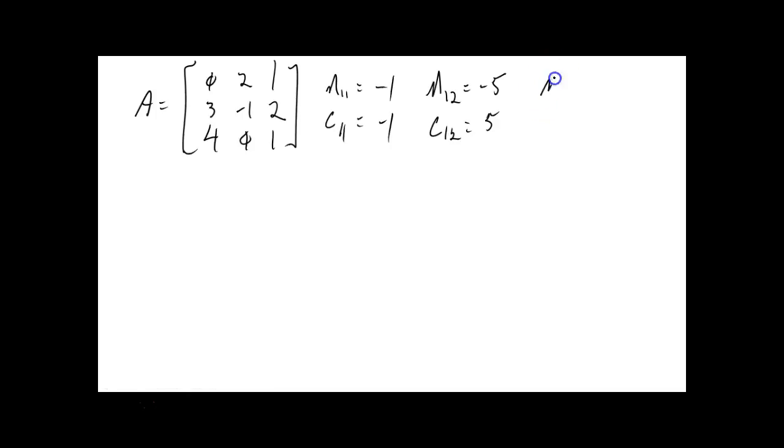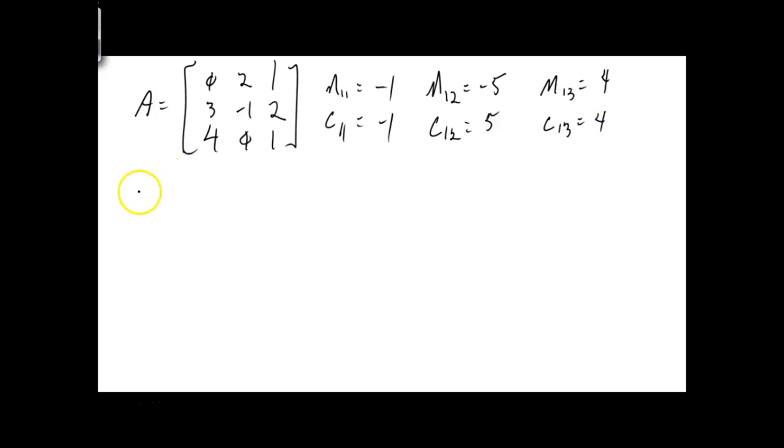1, 3. Minor for 1, 3 is what? Is it -4? +4, okay. And what's the cofactor for 1, 3? Positive of that, which is 4, okay?